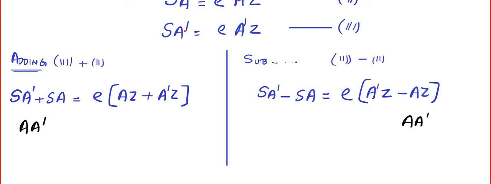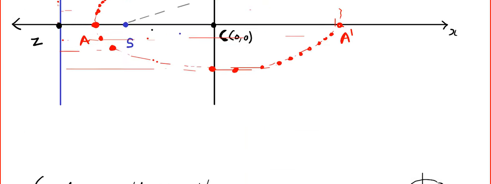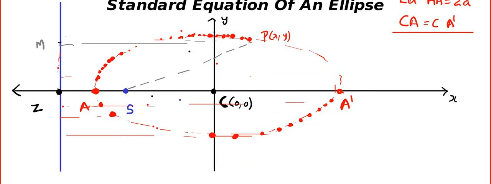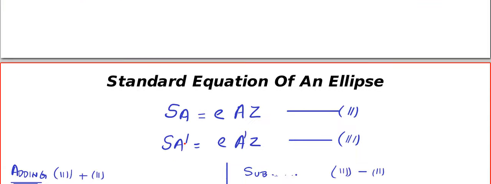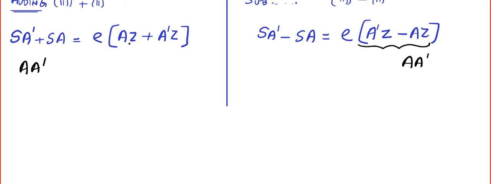If you want, you can confirm it. Or let's confirm it now. A dash Z. Where is A dash Z? A dash Z minus AZ. See, A dash. Okay, now what you do is you write, there are 4 remaining terms. Can you see? Term 1, term 2, term 3, term 4.